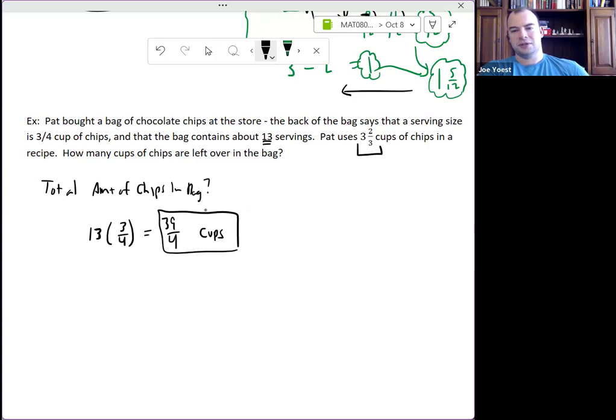So 39/4 cups. Well, I know that 9 times 4 is 36, and 10 times 4 is 40. 39 is bigger than 36, but less than 40. So this is going to be 9 whole cups and 3/4 of a cup left over.